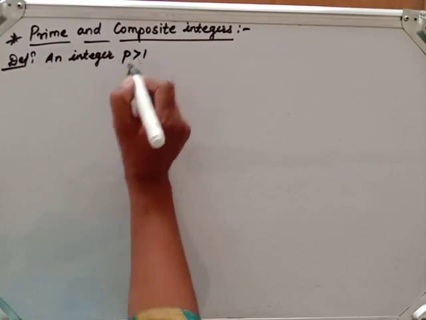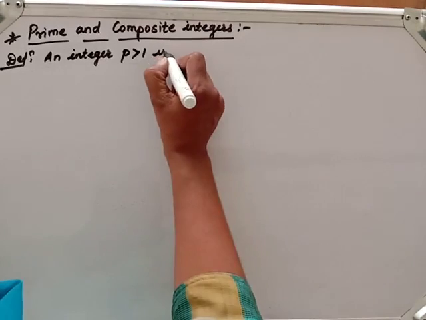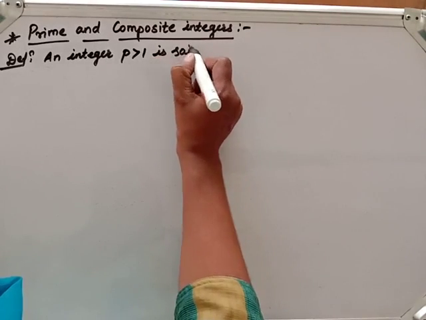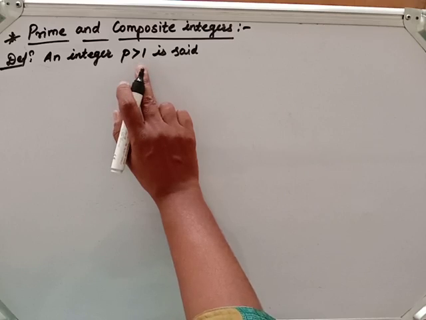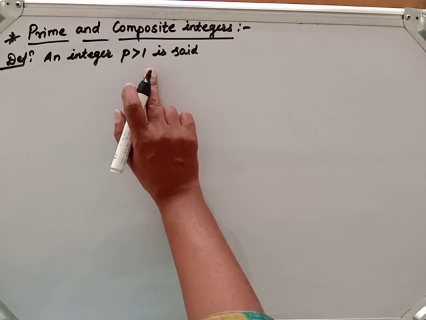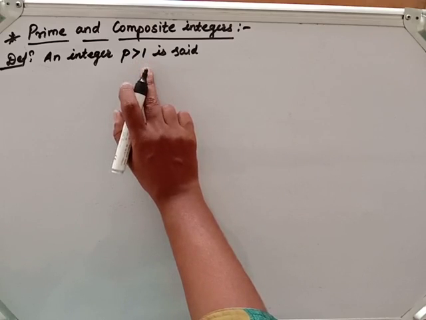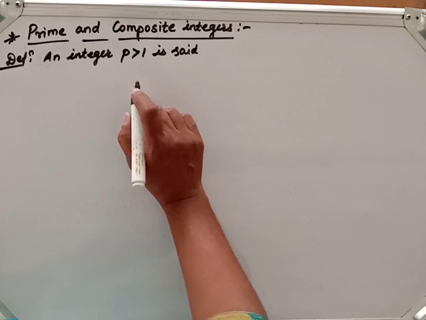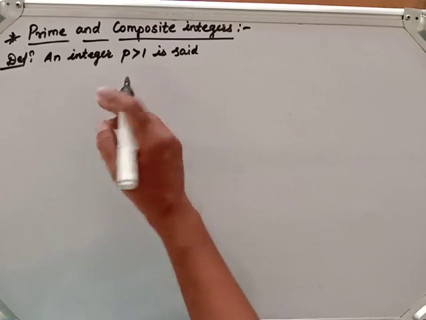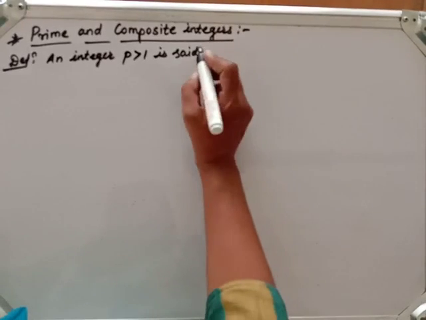So definition: let me take an integer p strictly greater than 1. Already I explained to you that 1 is not a prime number, as 1 has only one divisor, that is 1, and a prime has two divisors, that is 1 and the number itself. Such a number is known as a prime. So now here I want to write another definition, in another language, we can say.